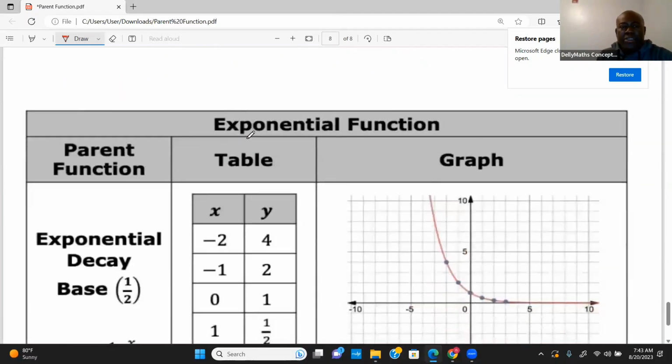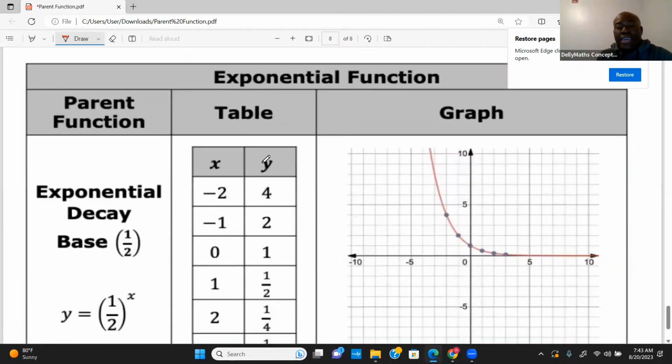On the flip side, there is what we call an exponential decay function. So with the exponential decay function, we're dealing with a proper fraction there. We have a half. This is the parent function of those types. So the numbers will change, but this is the idea. The exponent, you could see that the variable is still in the exponent.